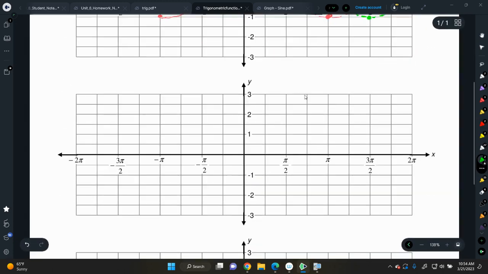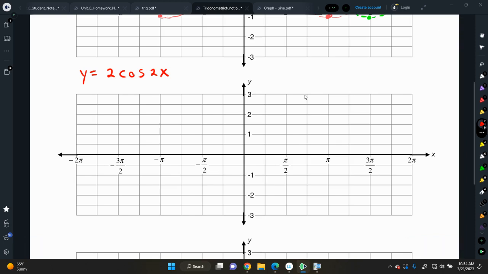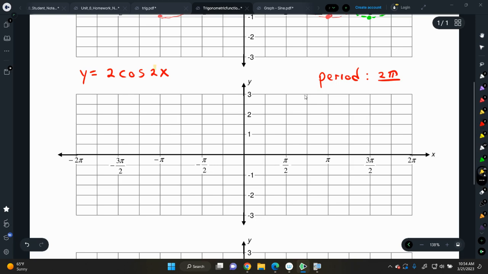We're going to graph it the same way. So let's say that we have y equals 2 cosine 2x, okay? So what's the amplitude? 2, okay? What's the period? It's 2 pi over 2.